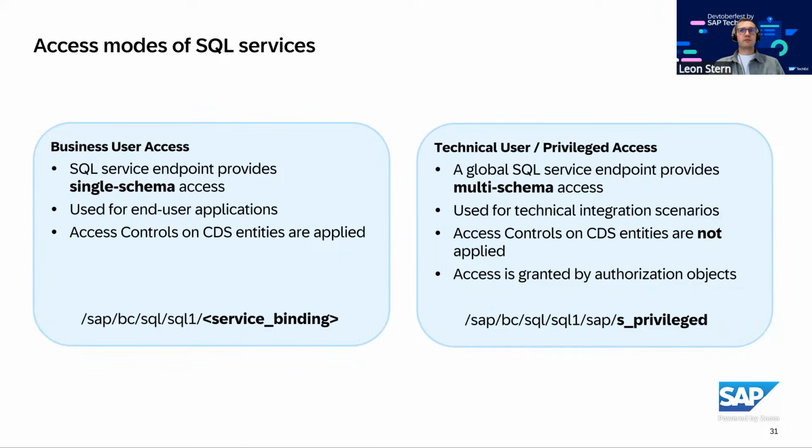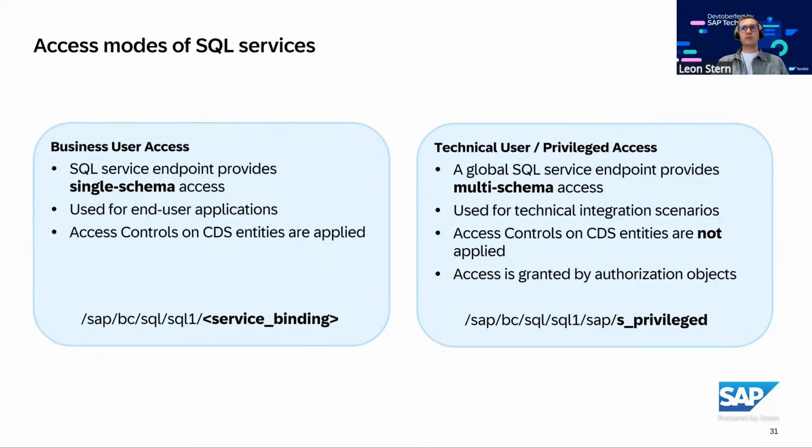The difference between the two modes is reflected in the service path. So you either address a single SQL service in the business user access case, or you address the privileged access endpoint to access all services available in the system.